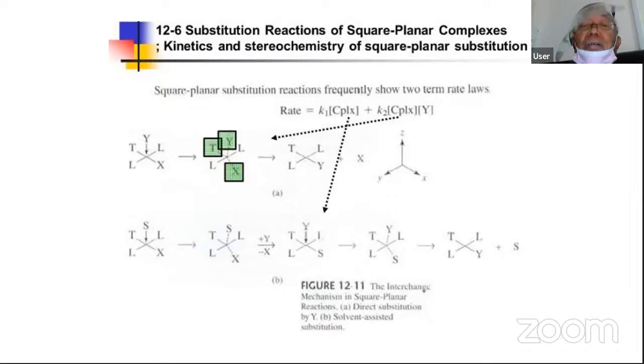Then you have to find the final rate law, whether it involves two reagents or one reagent. So this is definitely second order, and this definitely first order.